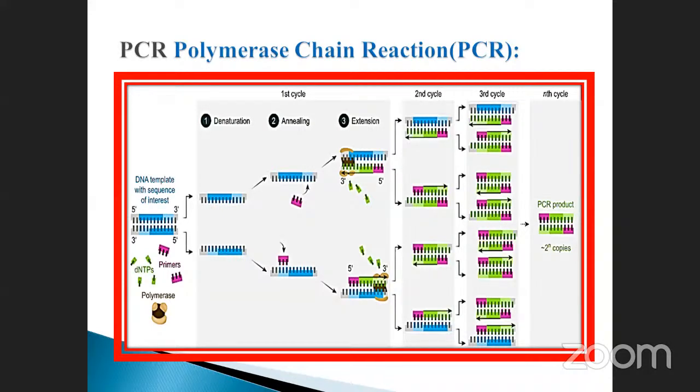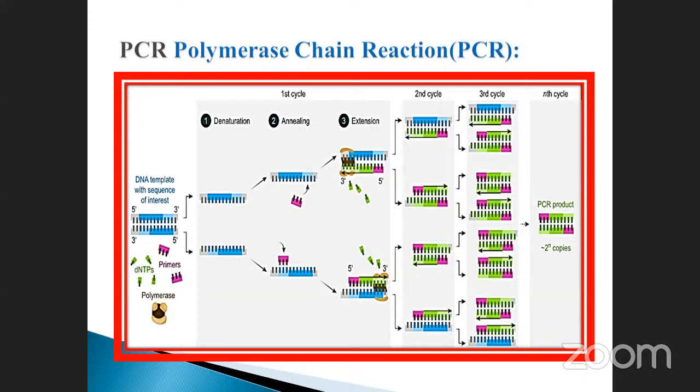First cycle, what will be the end product? This is the single copy of the DNA molecule, isn't it? After the first cycle, the end product will be 2 copies. This is the second cycle. See that one? The 2 are converted into 4 copies. Third cycle, the 4 copies are converted into 8 copies.